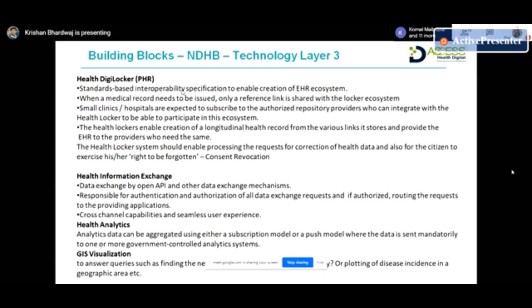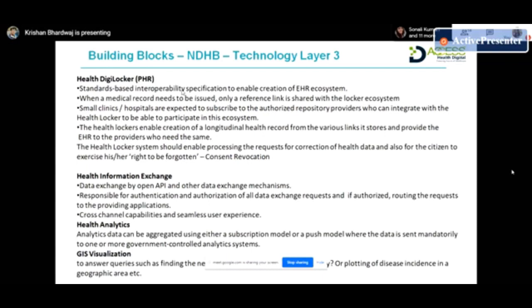So it can be time period based, or at my will, whenever I want to revoke explicitly, I can go and revoke it. PHR should have this capability, and based on the consent revocation, whatever records I had shared with that provider should be automatically deleted from there. So that is one control they are talking about.